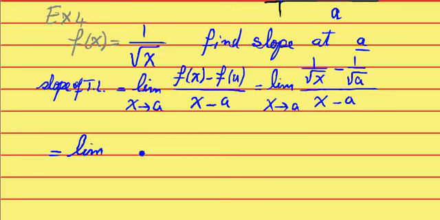Limit of x going to a, take a common denominator. The common denominator there is radical x times radical a. The numerator is radical a minus radical x. I just cross multiply these two.